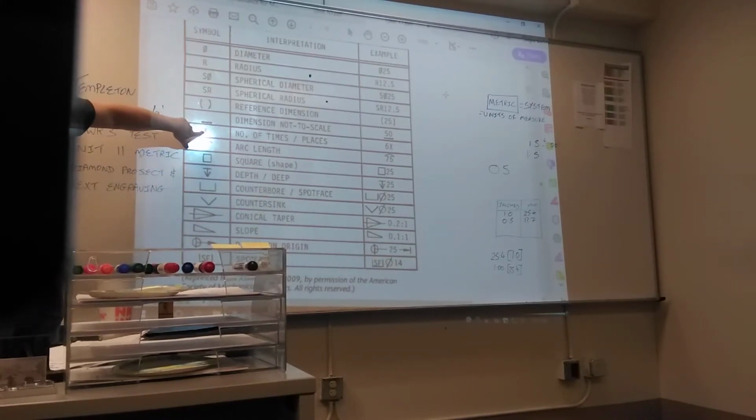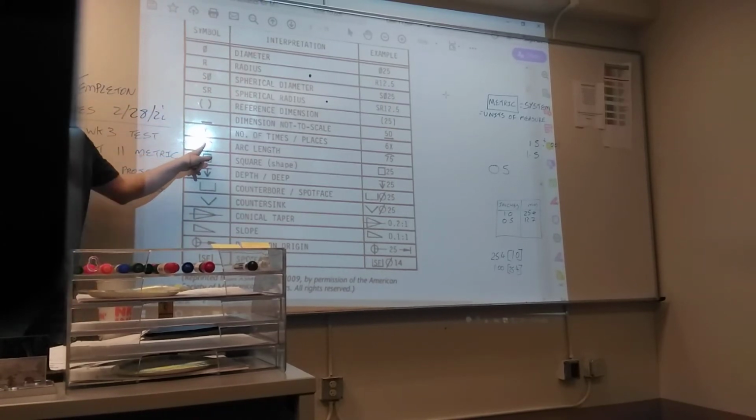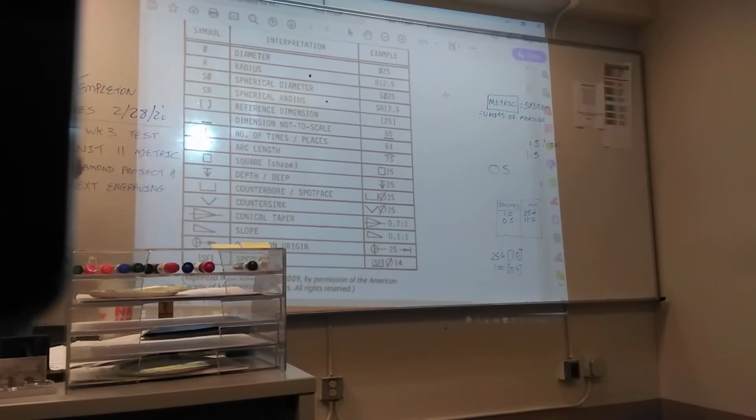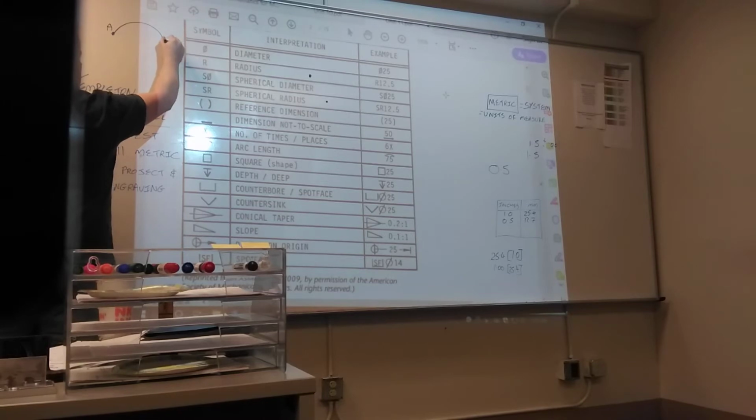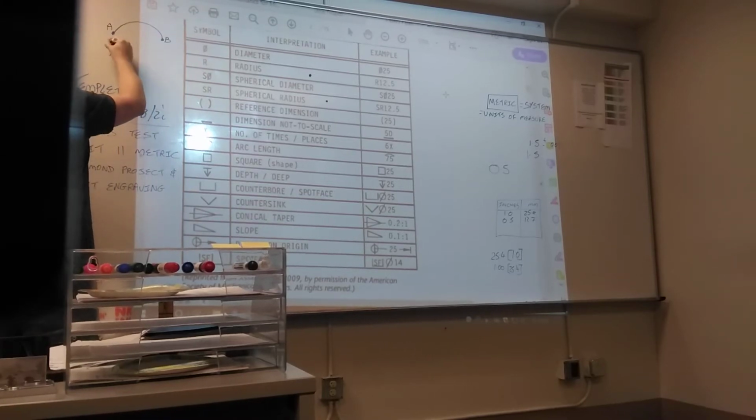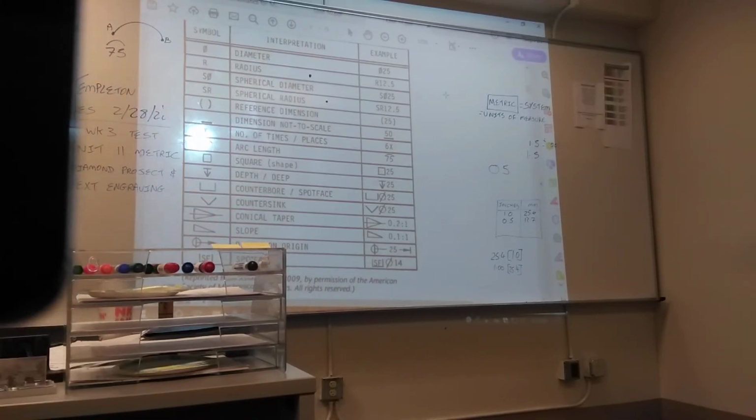X for the number of times or amount of times it's repeated. Arc length. It's not too common, but you're going to see that. The dimension will have an arc above it. Right? The length from here to here.